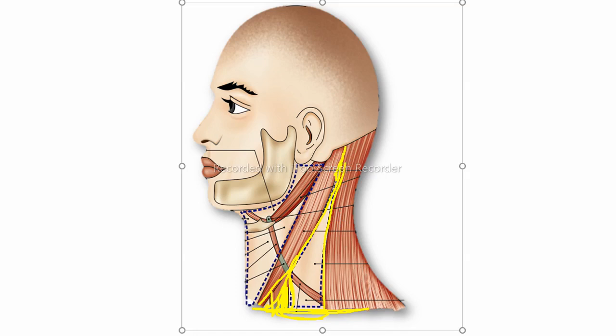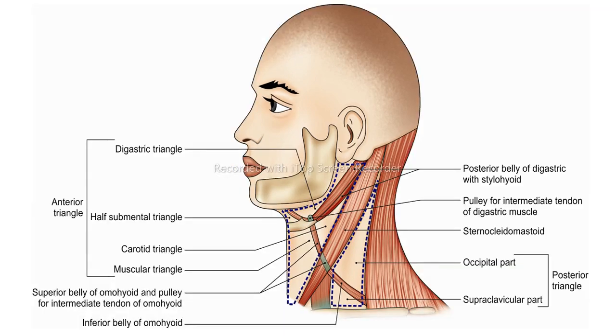So this triangle: this is the sternocleidomastoid muscle, trapezius muscle, and here is the clavicle. The posterior triangle is divided into the occipital part and supraclavicular part by the inferior belly of the omohyoid.